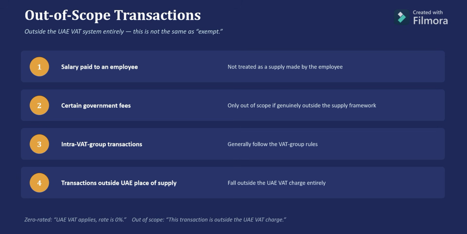Now, what is out of scope? Out of scope basically includes salary paid to employees, certain government fees, intra-VAT group transactions, and transactions outside UAE place of supply. All of these fall under out of scope transactions.